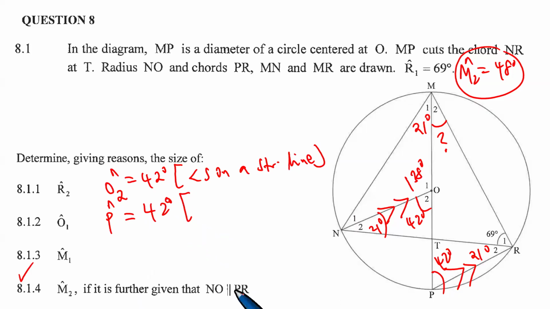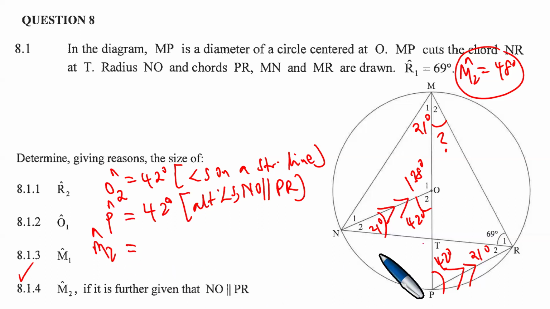Now, if the angle P is 42 degrees, this means that you have alternate angles because NO is parallel to PR. And then you have the angle M2, which will be from the sum of the angles in this triangle.